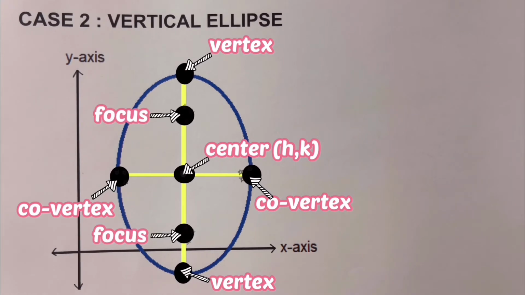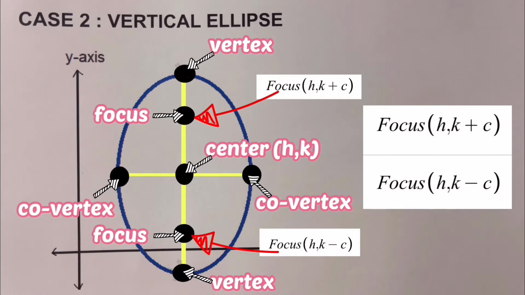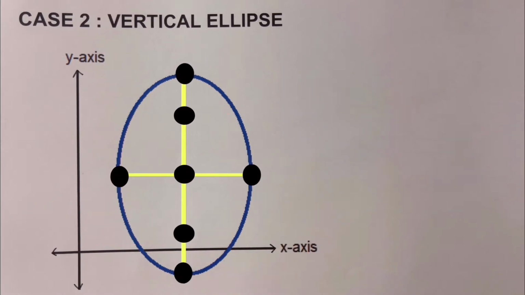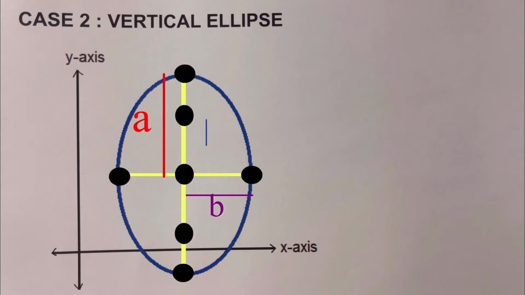Now we remember that the coordinates of the foci of a vertical ellipse are (h, k ± c). The distance from the center to the vertex is letter a, the distance from the center to the co-vertex is letter b, and the distance from the center to the focus is letter c.